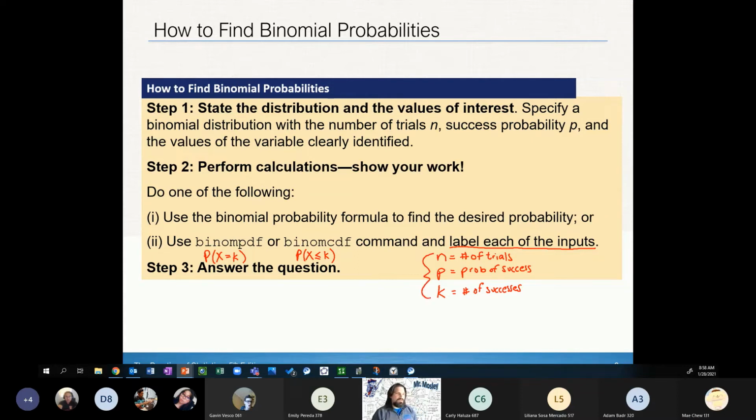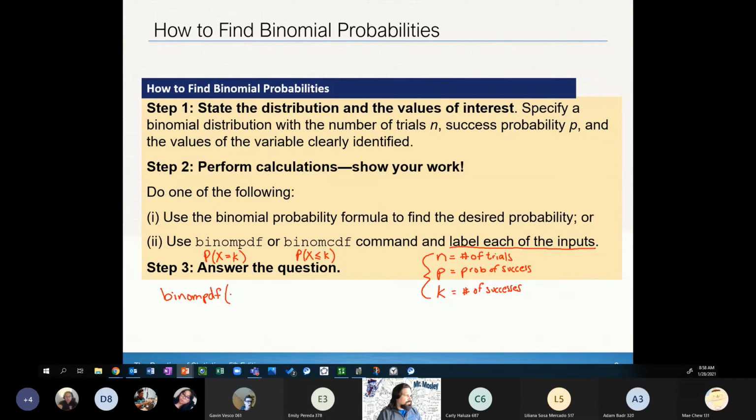And so if you're using this to answer a question and you're showing your work, you say, I used the binom PDF function in my calculator to calculate this result. You'll have to write out binom PDF, parentheses. Sorry, sometimes my tablet freaks out and gets input from somewhere crazy.